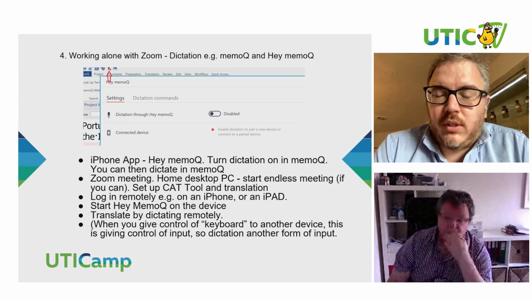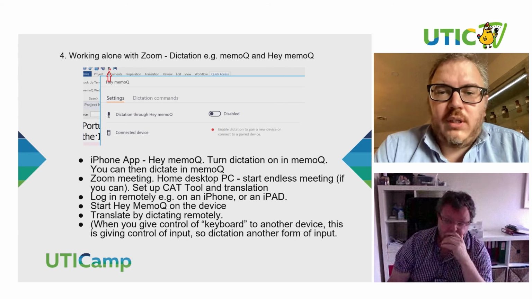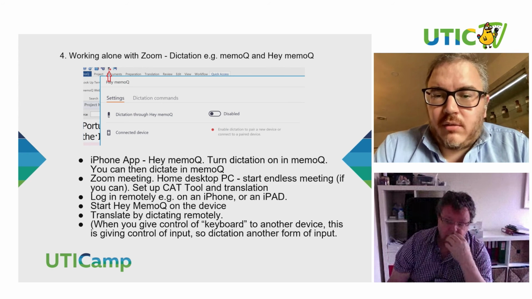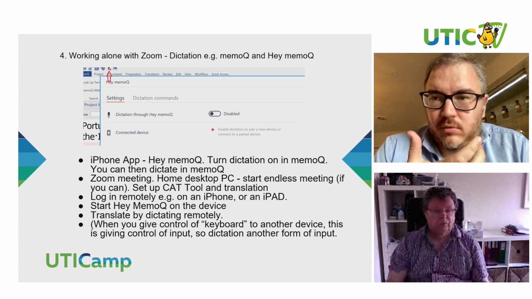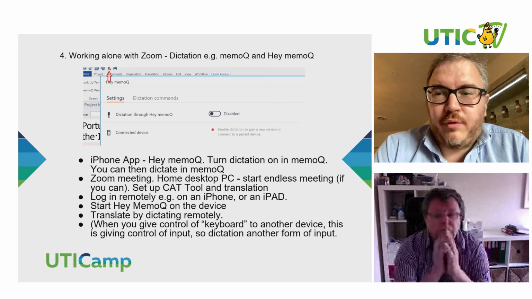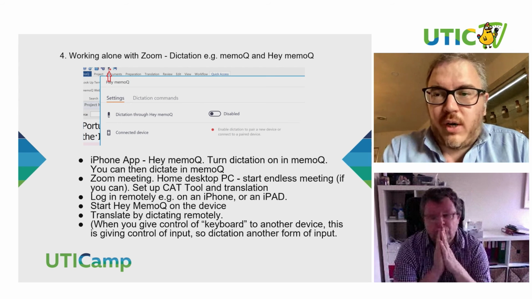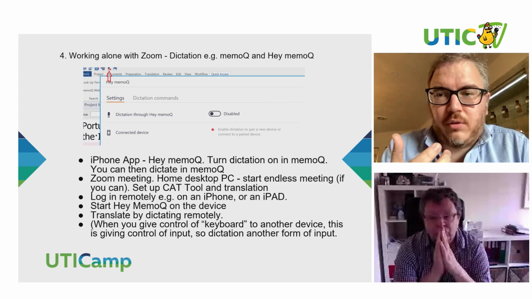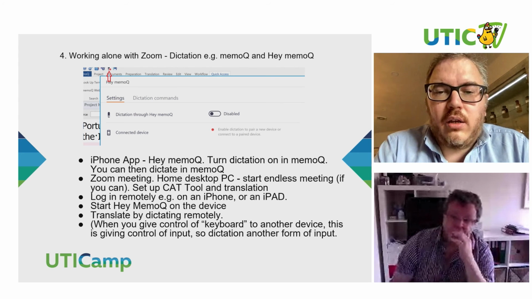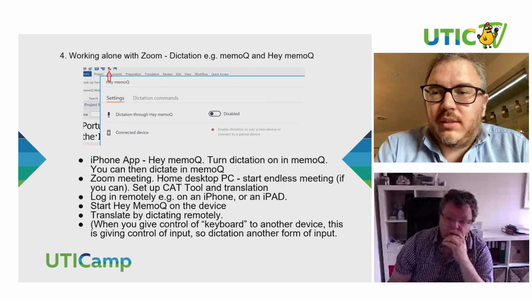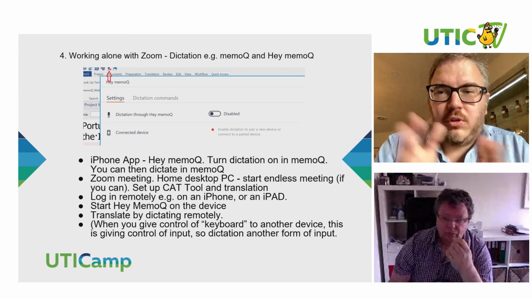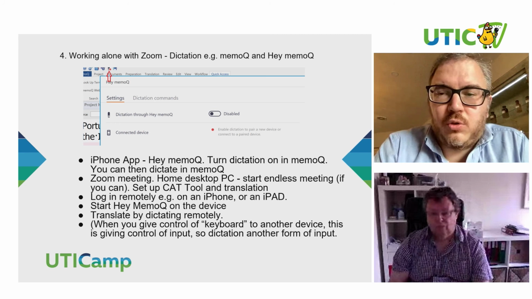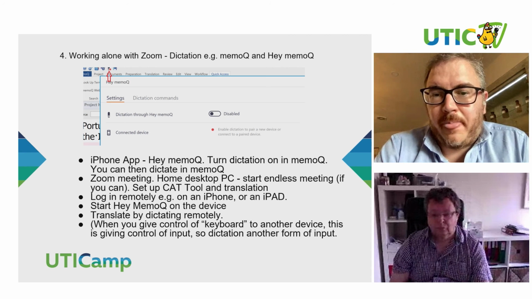You can have Zoom on your home PC, and you can set up the cat tool and translation. You can log in remotely and dictate using your iPhone. If you are away from the computer, or if you are near your computer, you just need your iPhone and your computer. So you can translate by dictating either in your computer or remotely using Zoom as the connection app.